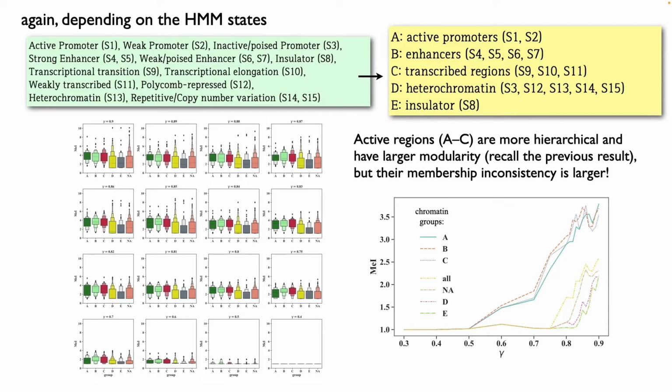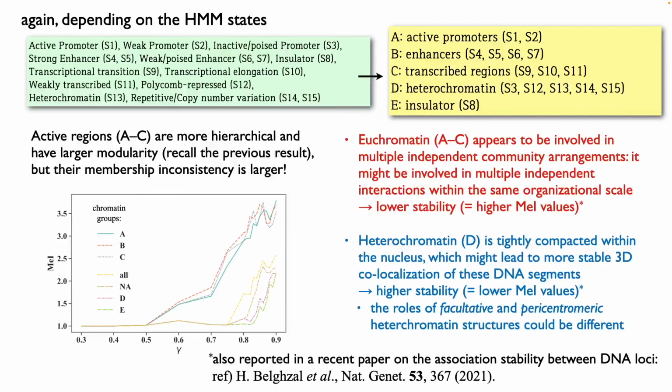At first, I found this a bit puzzling because we already know that those active regions are more modular and hierarchical. Here, our interpretation is that the more active regions appear to be involved in multiple independent community arrangements, which could induce lower stability, in fact.